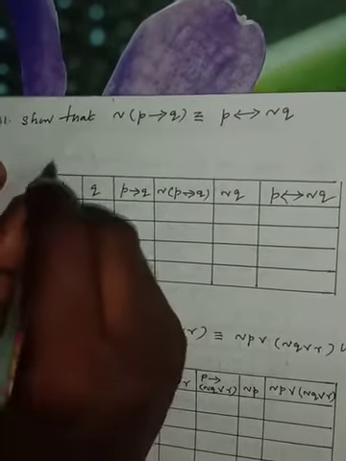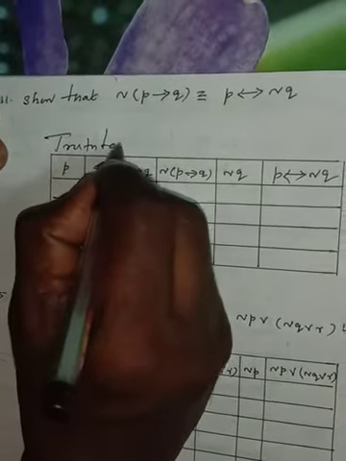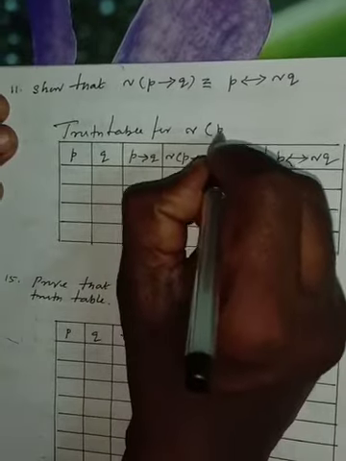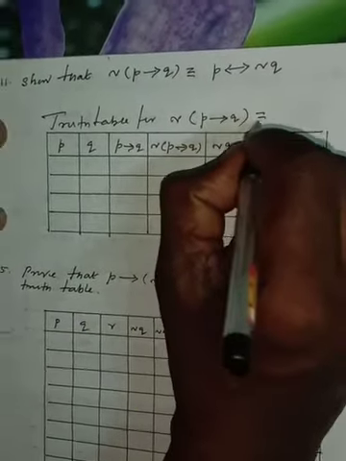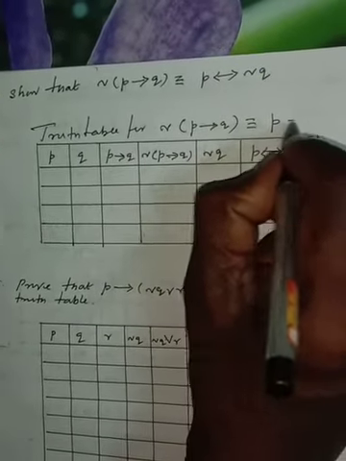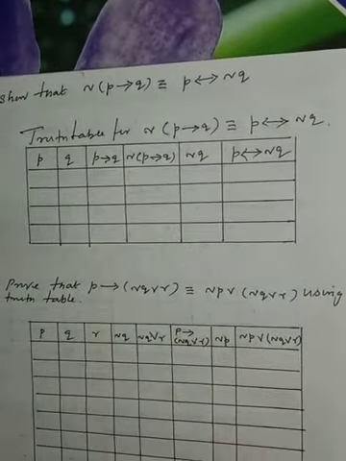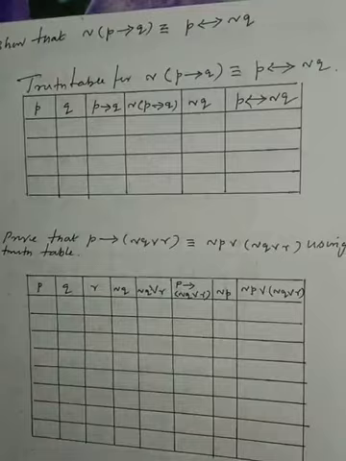Truth table for negation of P implies Q is equivalent to P if and only if negation of Q. There are two postulates. One is P, another one is Q. So P and Q are the two postulates.